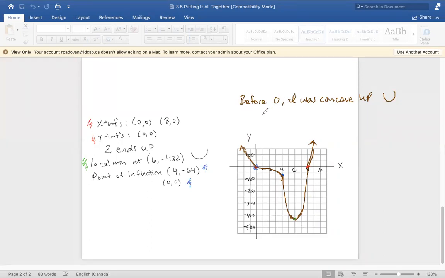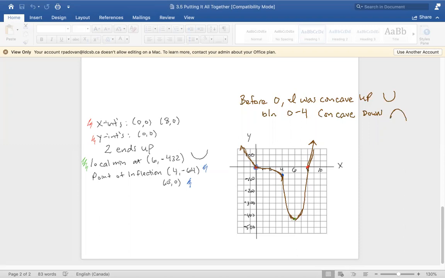And then between x equals 0 and x equals 4, I'm concave down, and this is from the chart just up above as well. And concave down is a frown. So there's my down part. And then I'm concave up for the rest of it. And then my other endpoint has to be ending up as well.